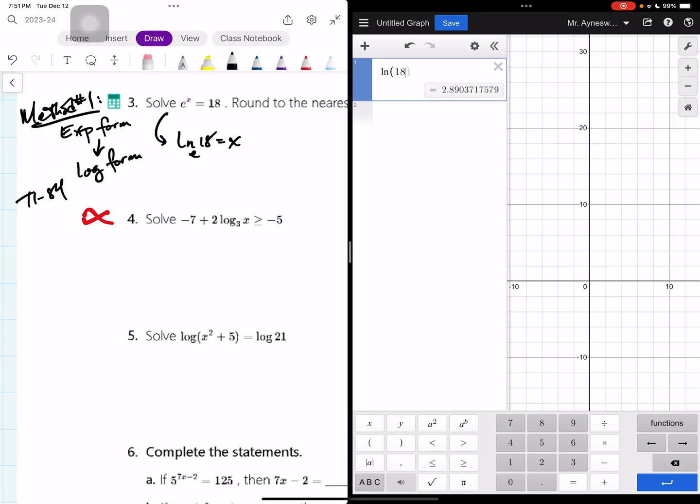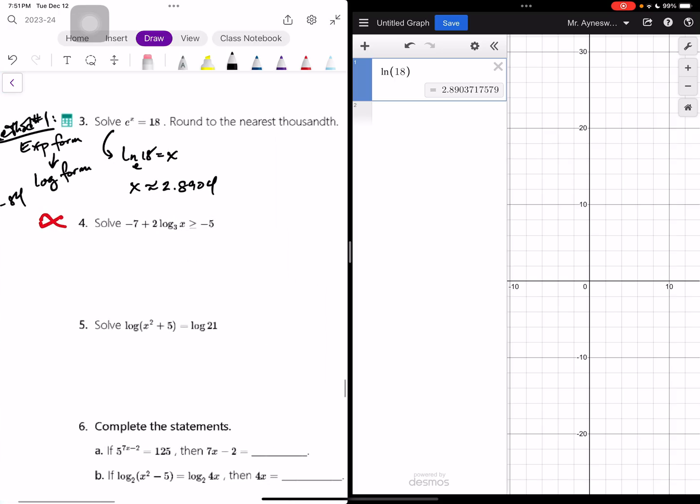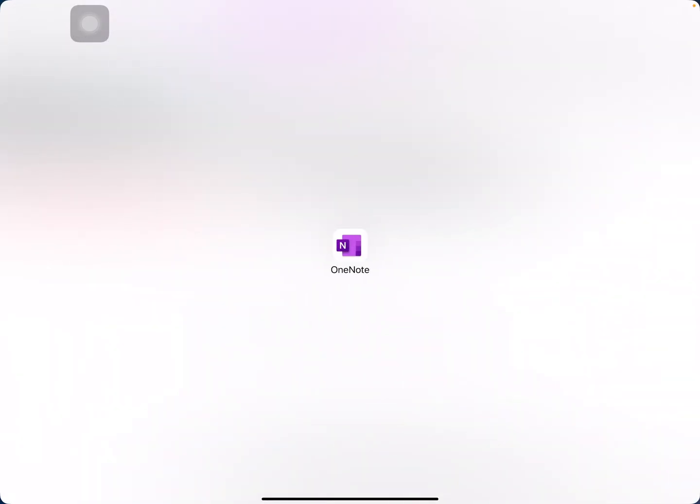Rounded, it's about 2.8904. Oh, this is nearest thousandths. So x is equal to approximately 2.890. Okie dokie, artichoke.